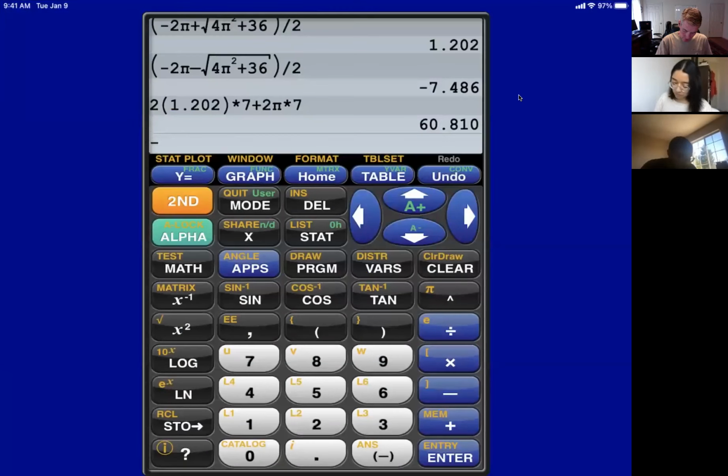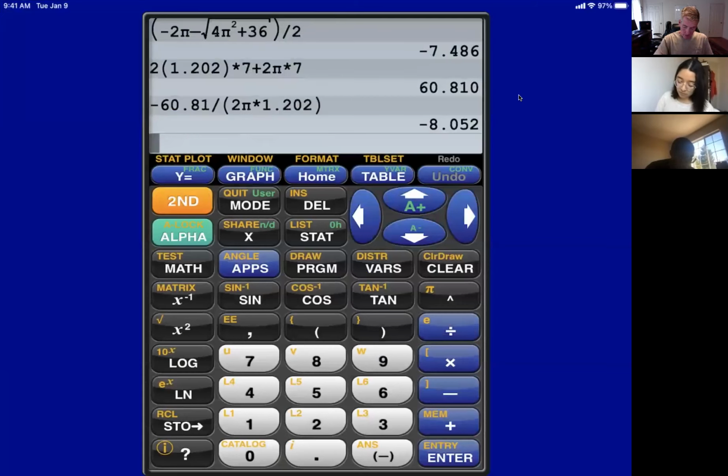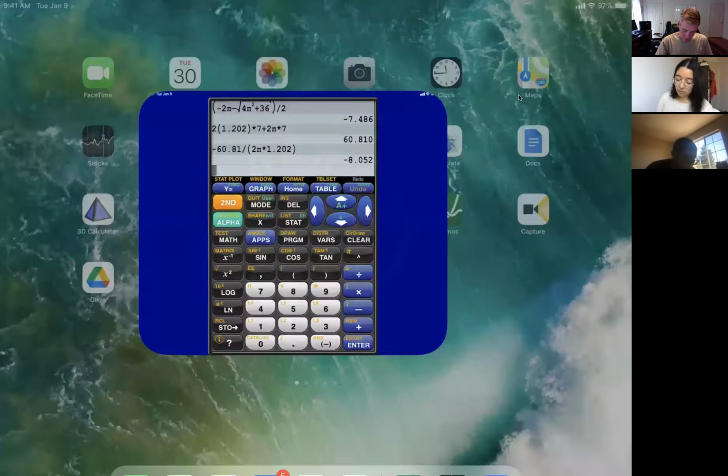So negative 60.81, whoops, 81 gets divided by, and then put it in parentheses, 2 pi times a 1.202. So a negative 8.052.